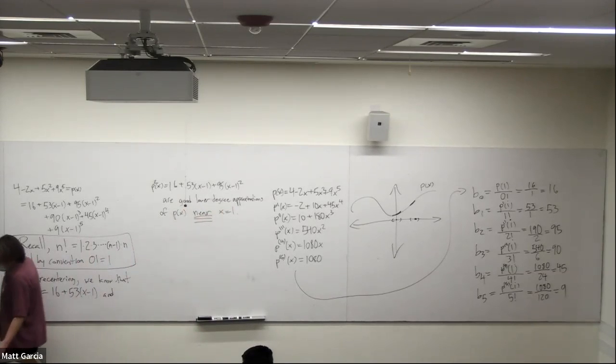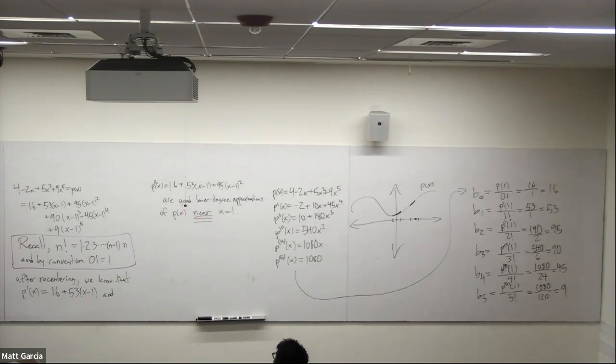Right, so maybe this will clear up some confusion. At this stage, when we've just recentered, there's literally no difference between these two representations of the same polynomial. However, when we start discarding terms, the coefficients are completely different. That's what allows us to approximate well near a different point, right?